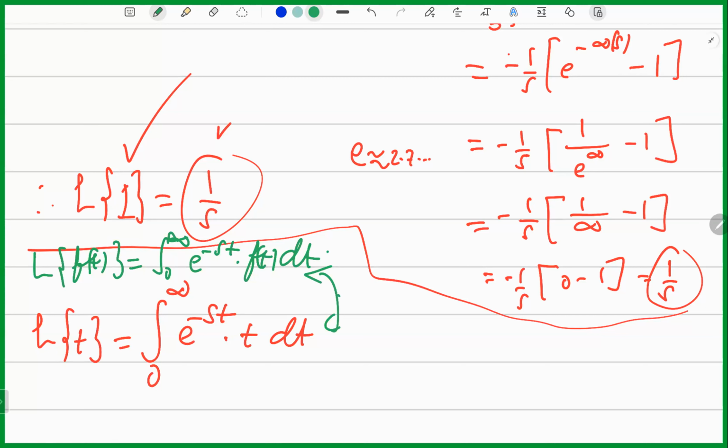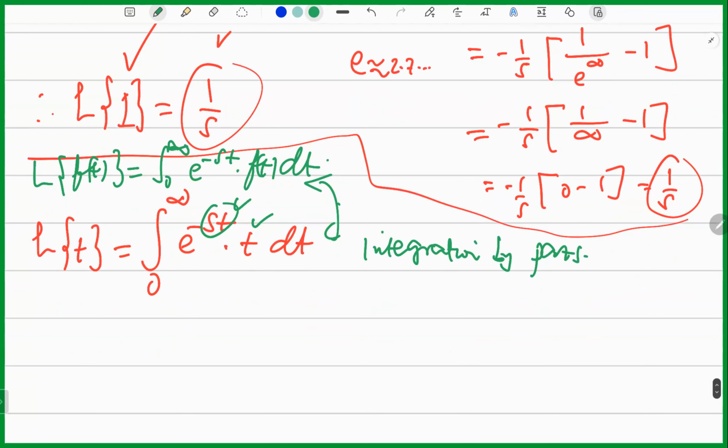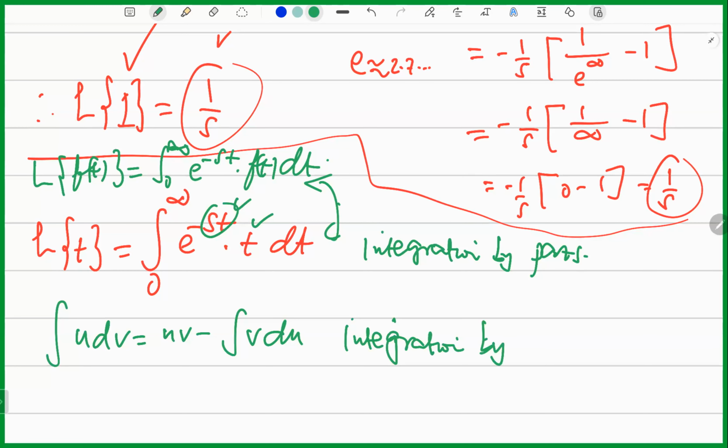Some of this will require integration by parts, because now you have a function of t times a function of t, the st there. Integration by parts says the integral of u dv equals uv minus the integral of v du, but it's not really popular that integration by parts would be necessary for students in these courses.